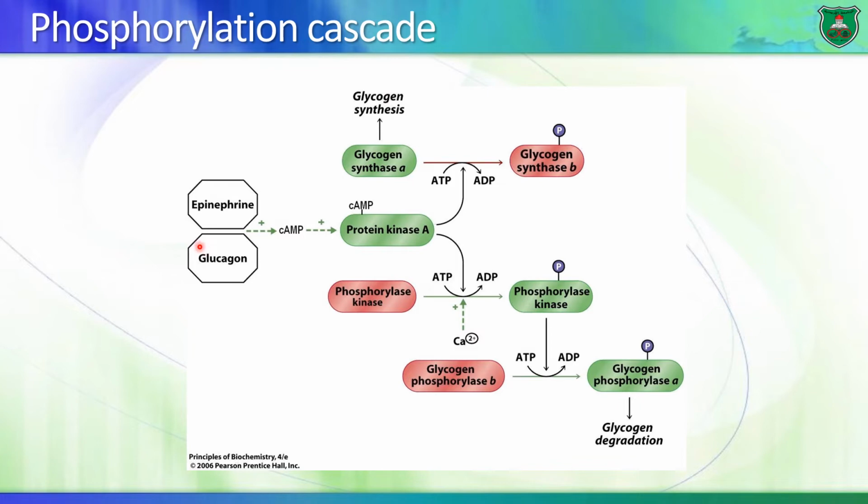So that's the signal. Protein kinase A gets activated, it blocks glycogen synthesis, and it induces glycogen breakdown into glucose. So protein kinase A phosphorylates phosphorylase kinase, activating it, and this phosphorylase kinase phosphorylates glycogen phosphorylase, which acts on glycogen to remove glucose monomers.